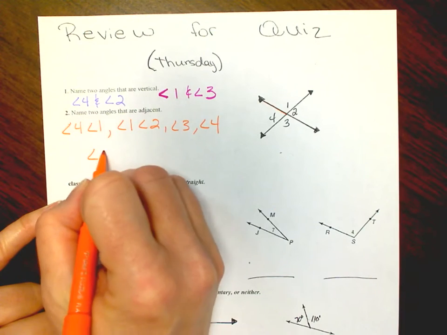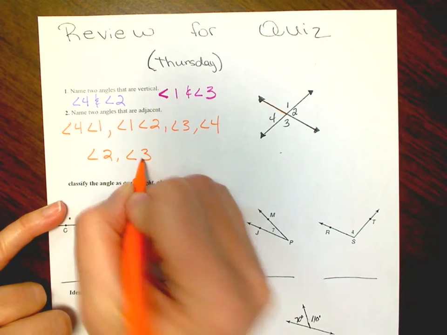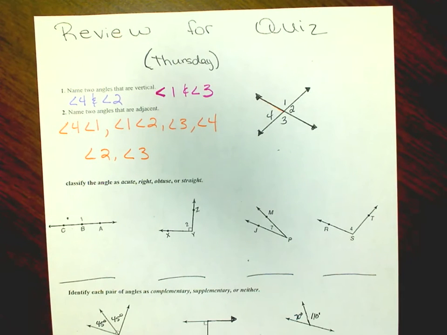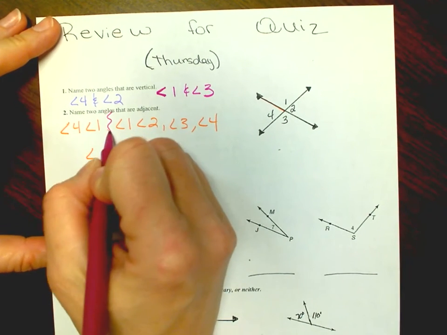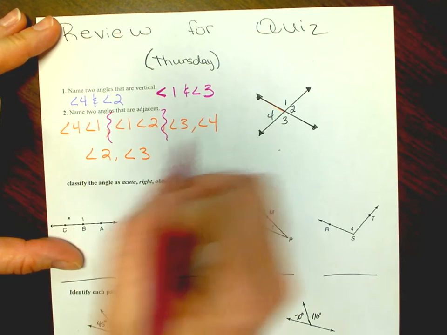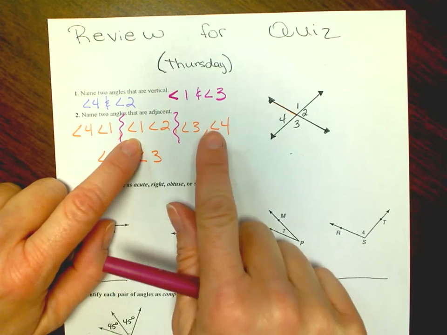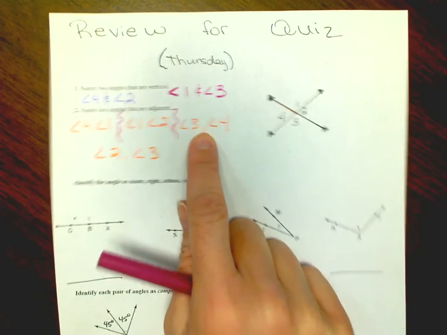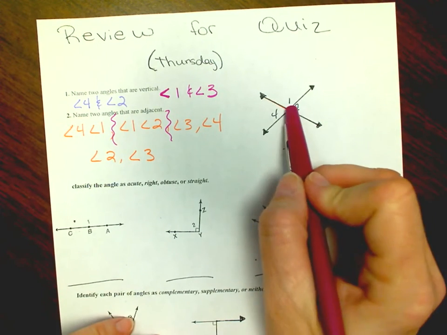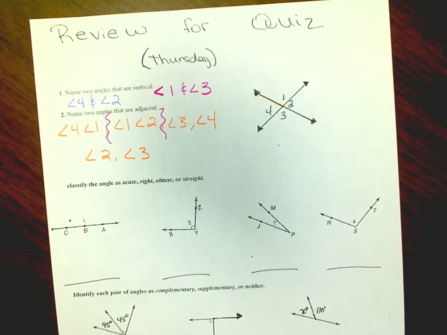Oh, and I left angle 2 and angle 3 out. So I just listed 4 adjacent angles. Same vertex, common side. They have to touch and not overlap.